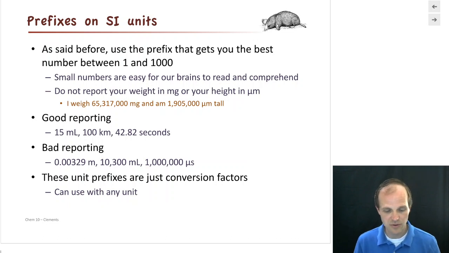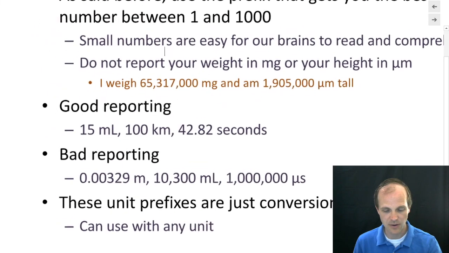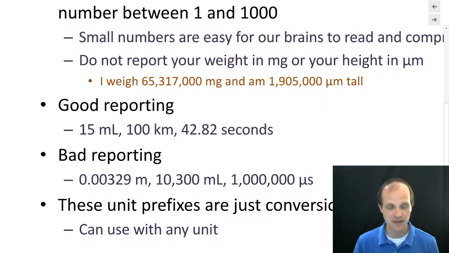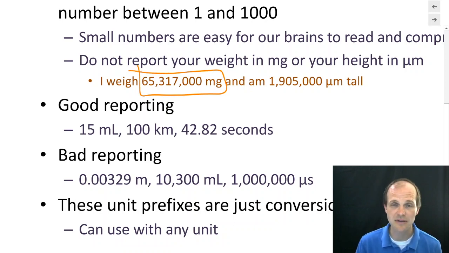So our goal when we're using the prefixes is to get a number between 1 and 1,000 in front of our measurement. So you wouldn't go ahead and say, oh, I'm going to weigh myself and figure out that I weigh 65,317,000 milligrams. It doesn't make a lot of sense to do that because now you've got this number of 65 million.